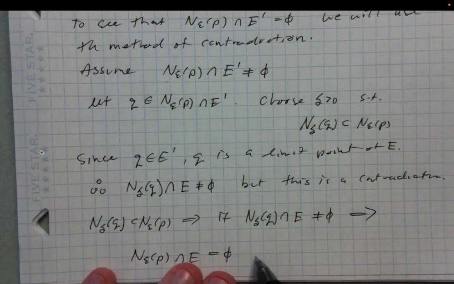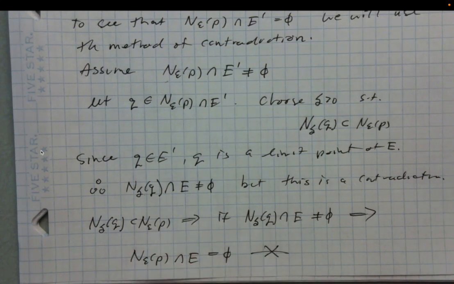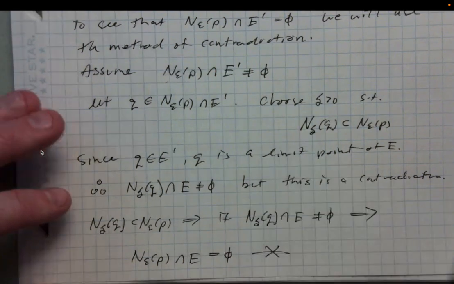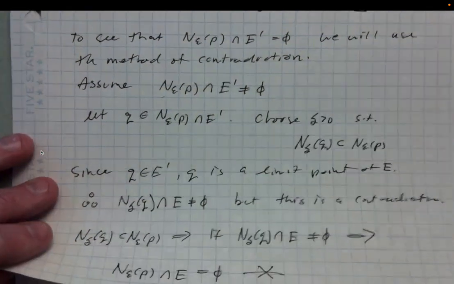But that's a contradiction. That's a problem. So our assumption that the epsilon neighborhood of P and E prime is non-empty is in error. And so instead, what we can say is that we have this now.